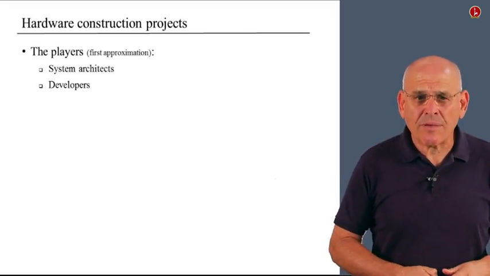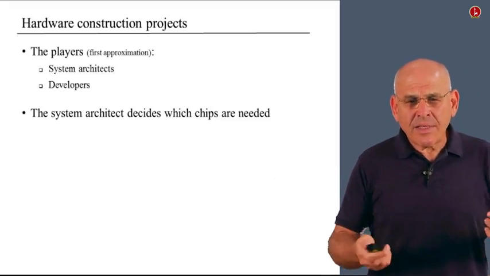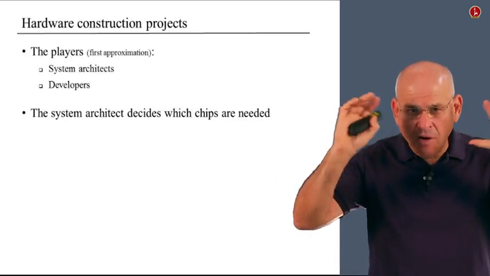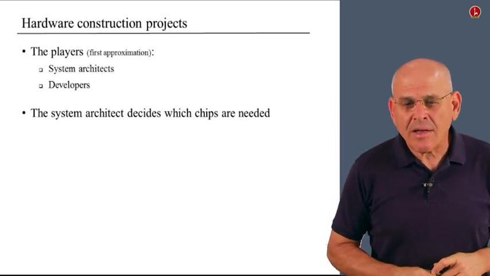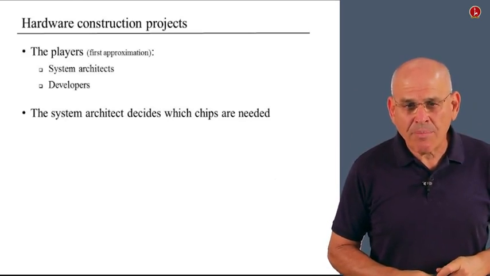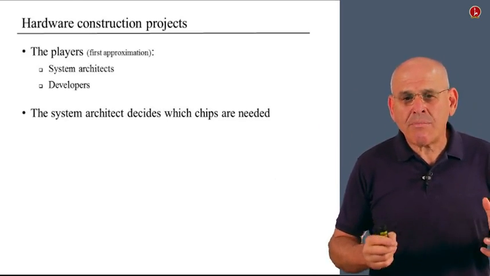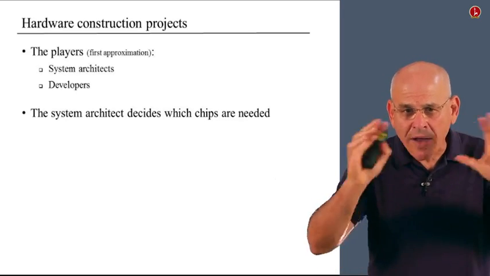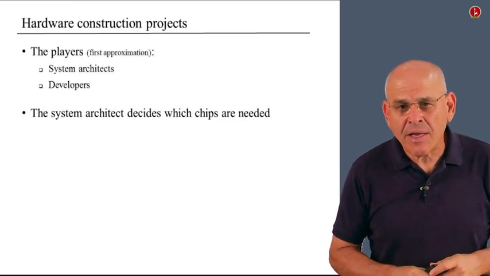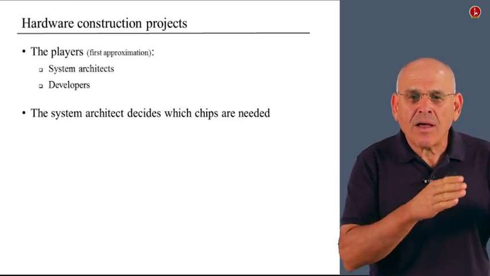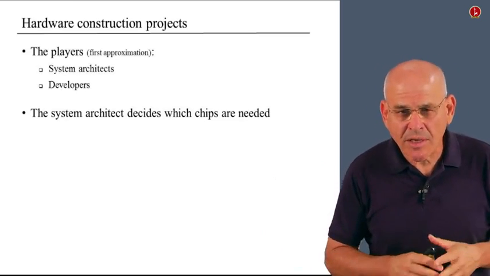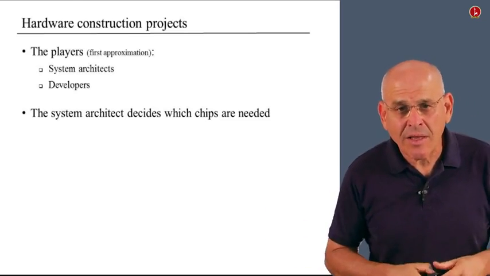So how do they do it? Well, the system architect looks at the overall desired operation of the chip, and then makes some decisions about how to break this overall behavior into a set of smaller, lower-level chips.